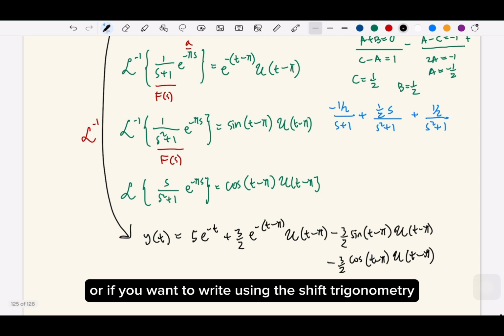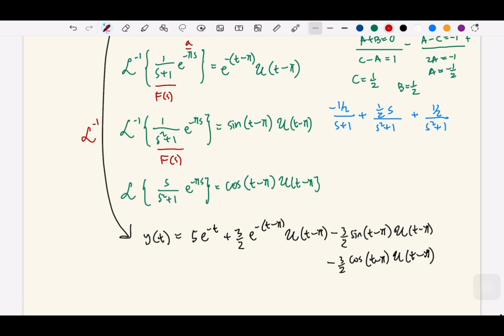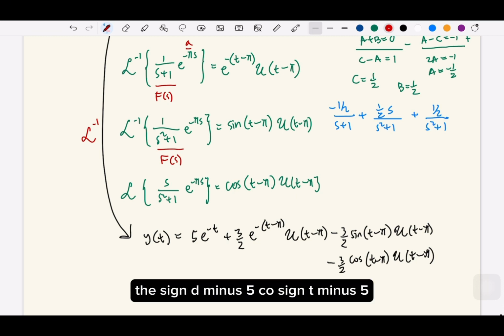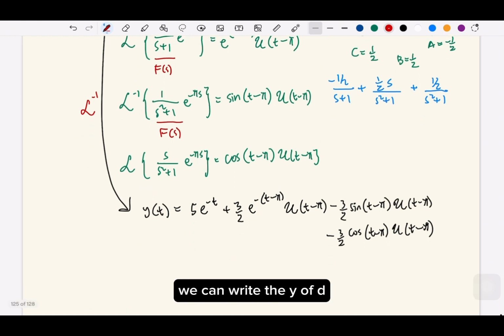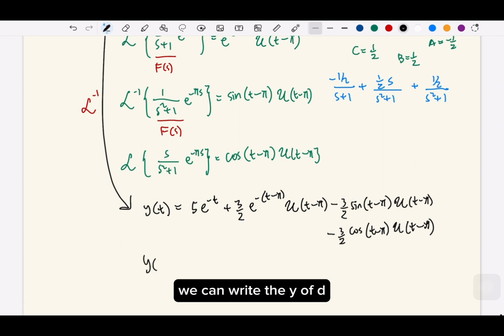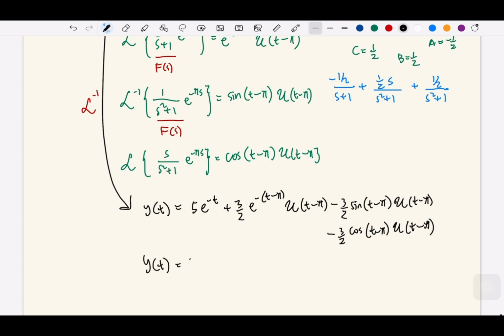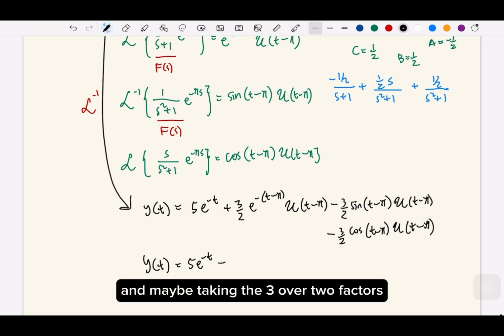Or if you want to write using the shift trigonometric, the sine t minus pi and cosine t minus pi, we can write as sine t and cosine t, but positive and negative, right? We can write the y of t, and maybe taking the 3 over 2 factors.